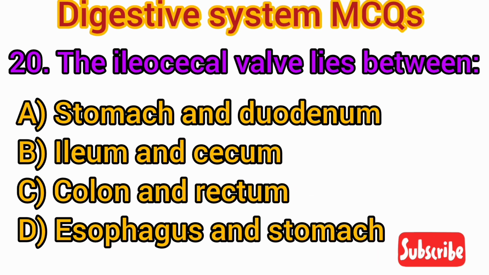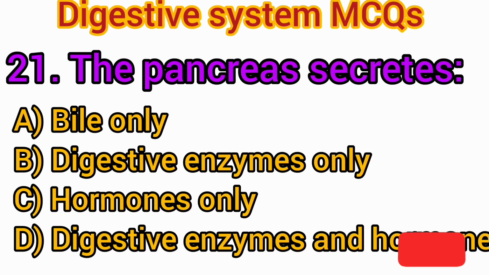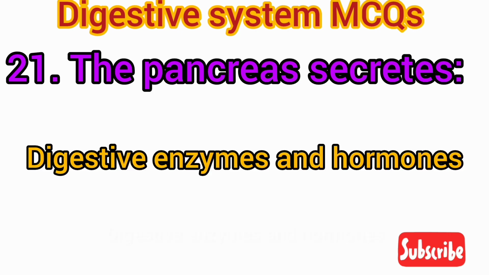The ileocecal valve lies between... ileum and cecum. The pancreas secretes... digestive enzymes and hormones.